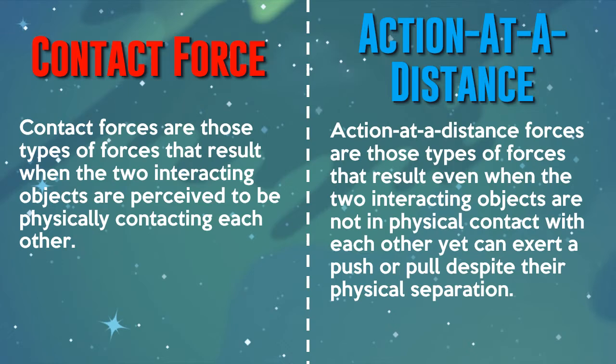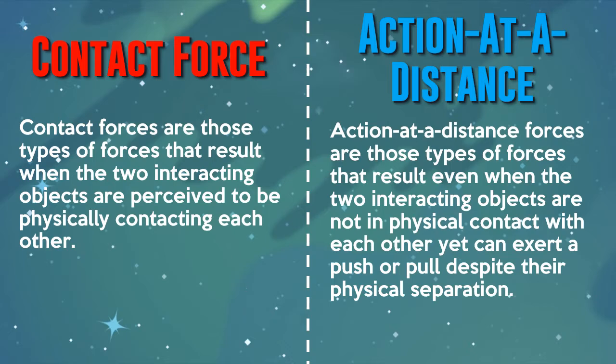Examples of action at a distance force include, of course, gravitational forces. For example, the sun and planets exert a gravitational pull on each other despite their large spatial separation. Even if your feet leave the earth and you are no longer in physical contact with the earth, astronauts can still feel the gravitational pull between them and the earth. Electric forces are also action at a distance forces.